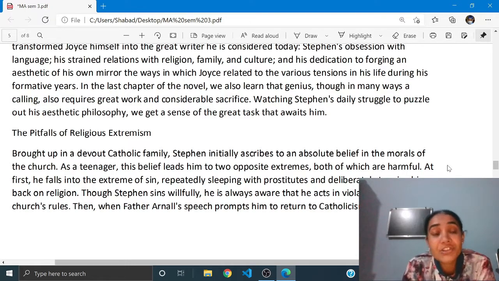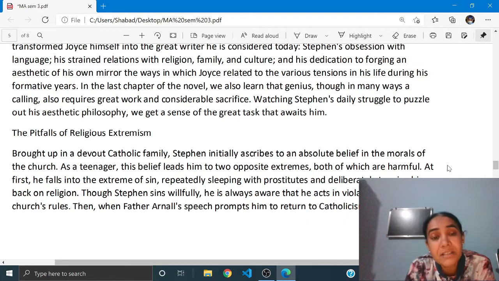This character is brought up in a devout Catholic family. So he initially sticks to absolute belief in the morals of the church. As a teenager, this belief leads him to two opposite extremes, both of which are harmful. He falls into sin, repeatedly sleeps with prostitutes and deliberately turns his back on religion.